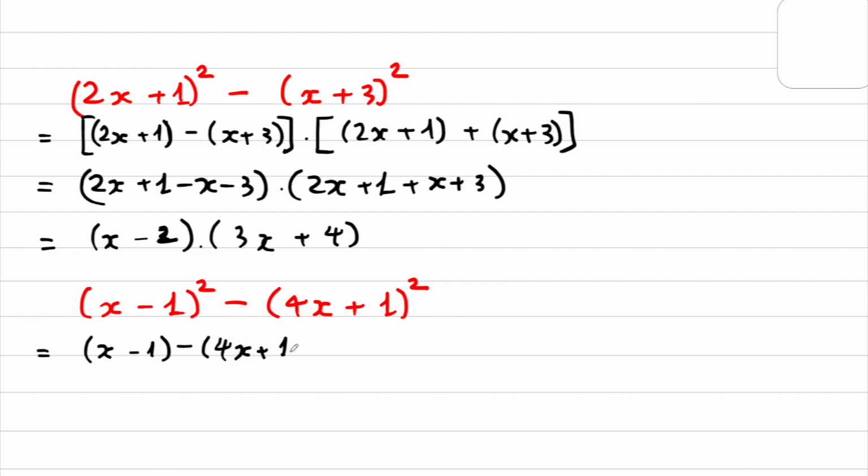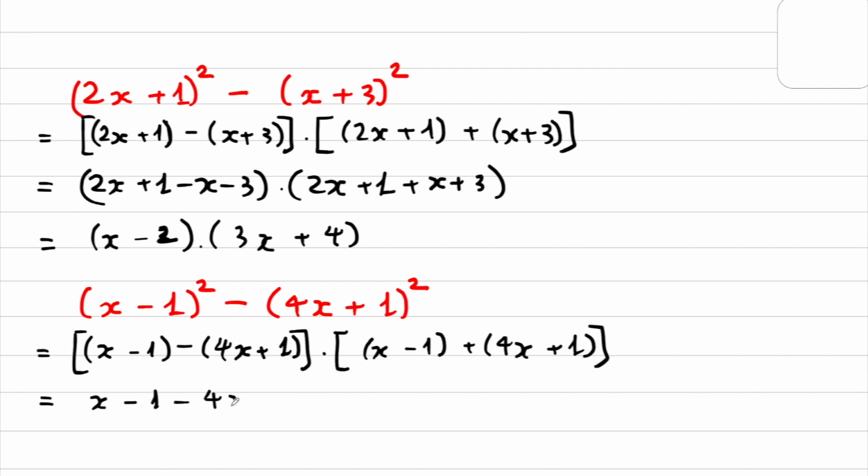Consider the next one you have here. The first bracket will be subtraction and the second one will be the addition. H minus 1 plus 4h plus 1. That's step by step. You don't need to make it in a short time. You have enough time. First one, the next one h minus 1 plus 4h plus 1 here.